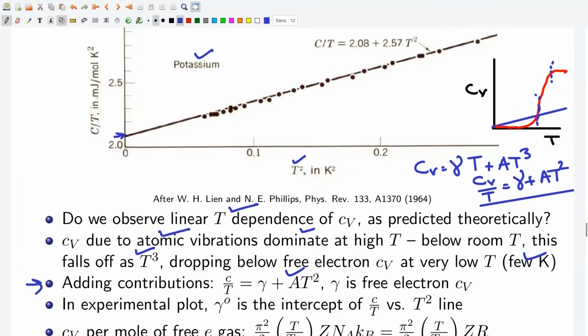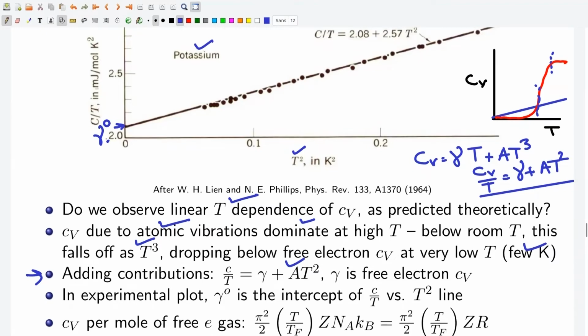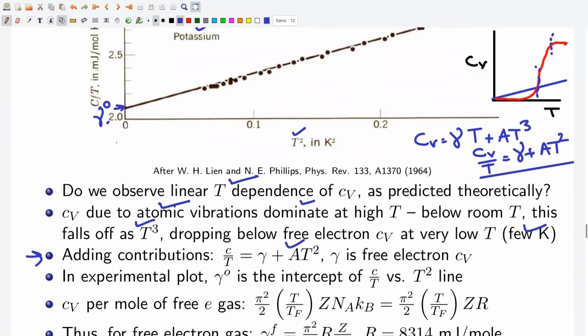In the experimental plot, where it intersects, let us call that gamma observed. In fact, this gamma observed, the intercept at T equal to 0, is the experimentally observed value of the free electron specific heat, or free electron heat capacity.